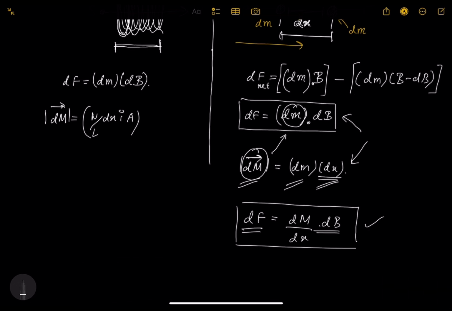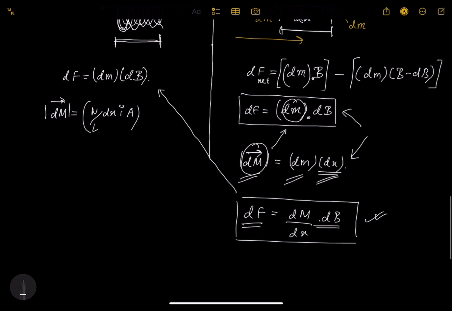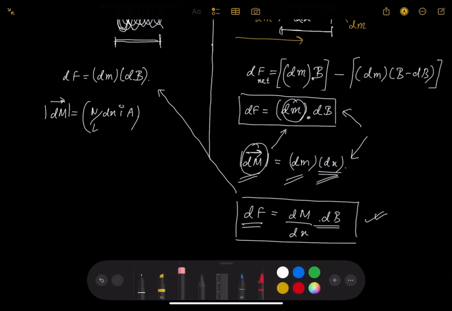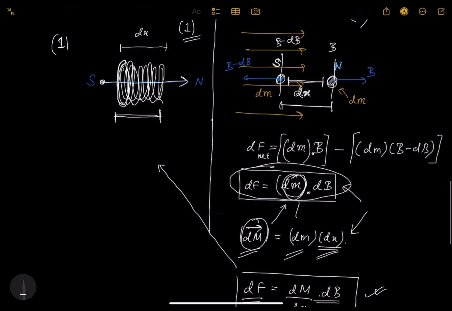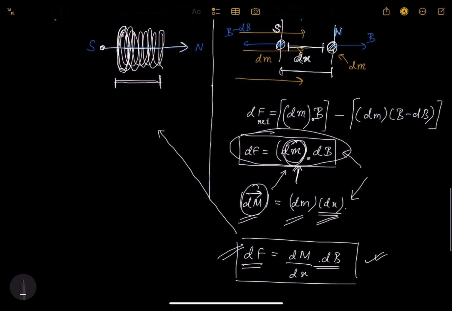So that's the equation that we'll be using. Instead of using that expression for force, for which we couldn't really find the equivalent of the magnetic pole strength for the Amperian loop model, we'll just use this expression that we just derived.